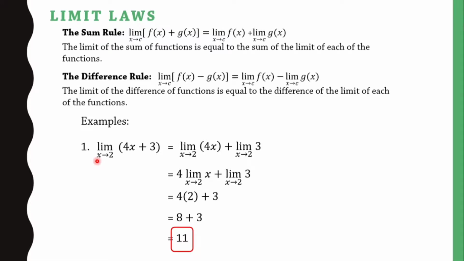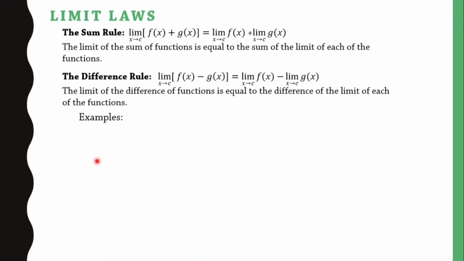Okay, so that's the sum rule. And next we have the limit of x squared minus 2x plus 5 as x approaches negative 1. So take note, we now have the combination of the minus and the plus sign. So we will use the sum and the difference rule simultaneously.